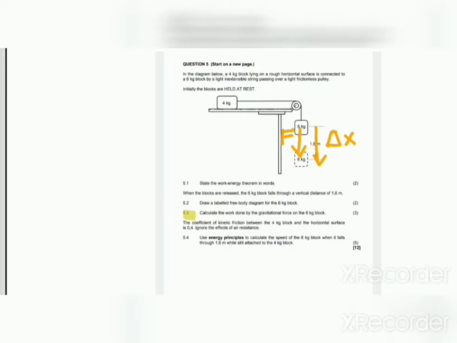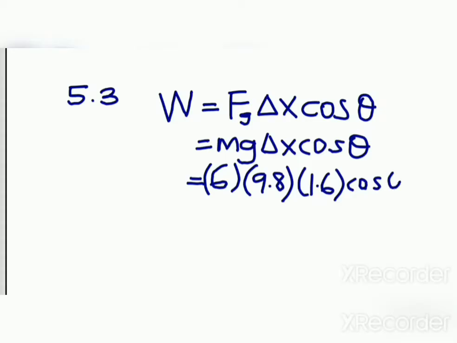When force and distance are in the same direction, there is no angle between them. So our theta is simply 0 degrees, and we get 94.08 joules.